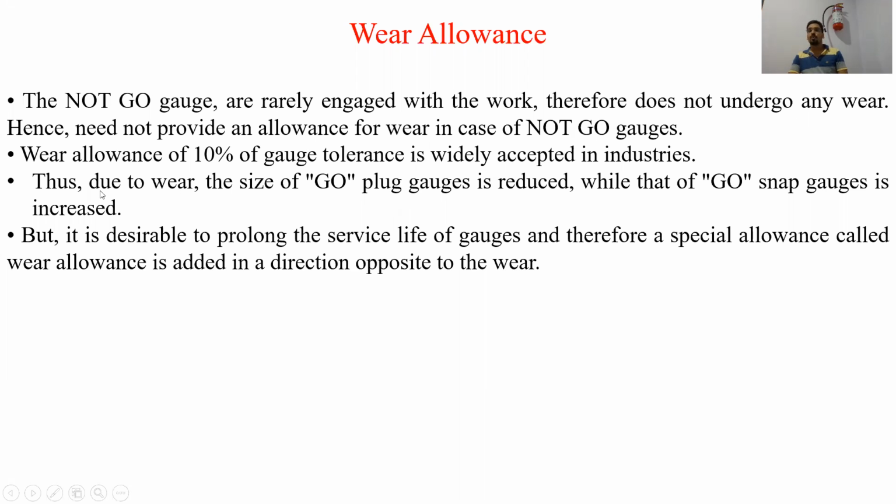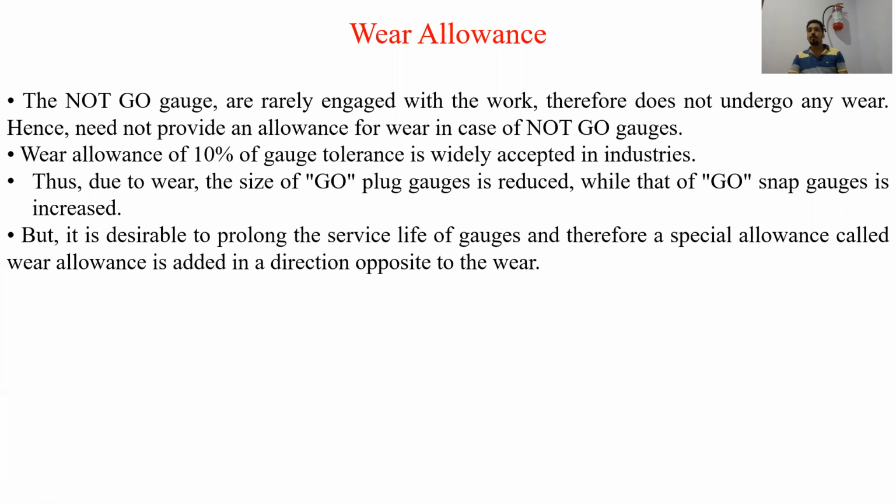But the go gauge will enter into the shaft or hole, and that's why wear takes place. So in that case we will provide the wear allowance for the go end. And wear allowance is what? Wear allowance is equal to 10% of the gauge tolerance.